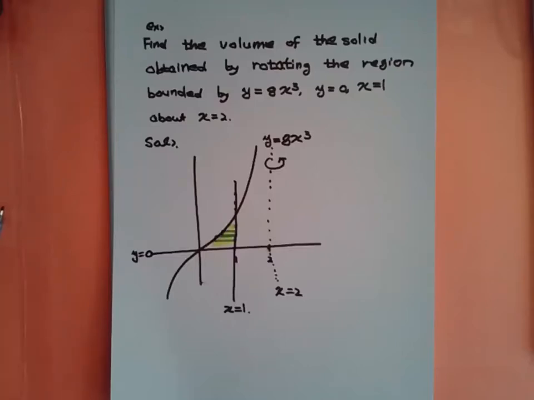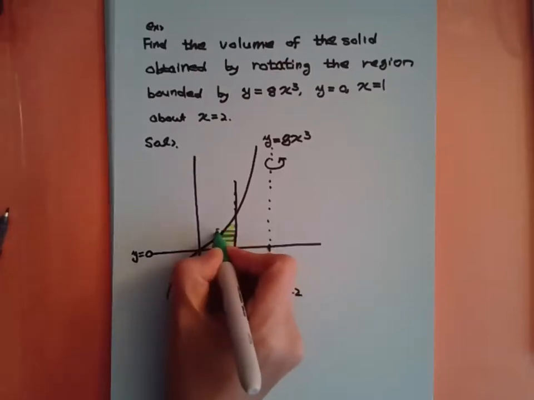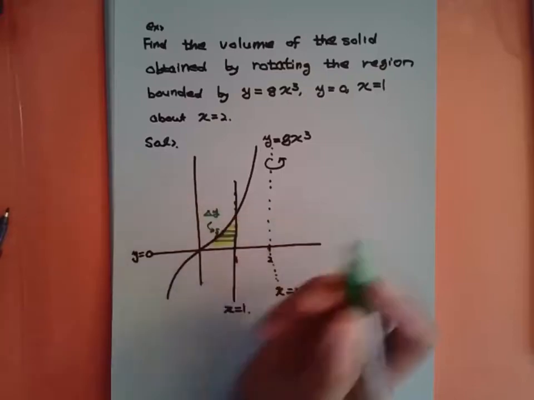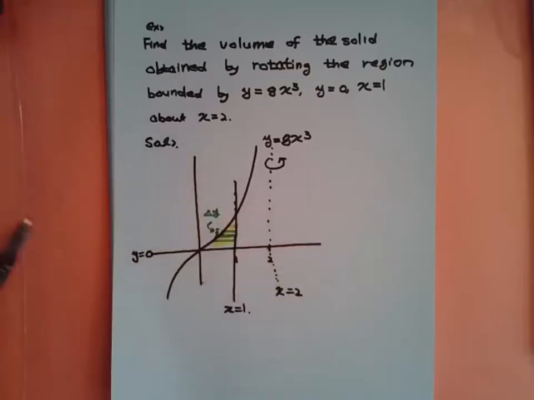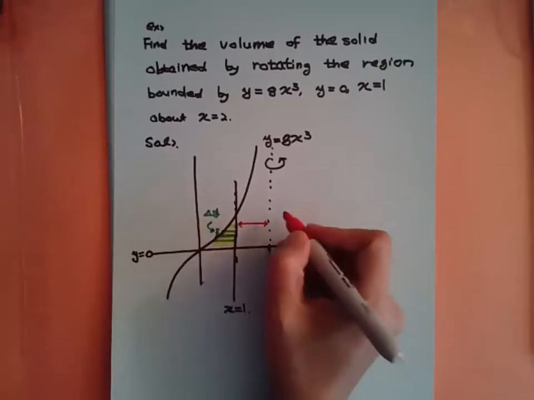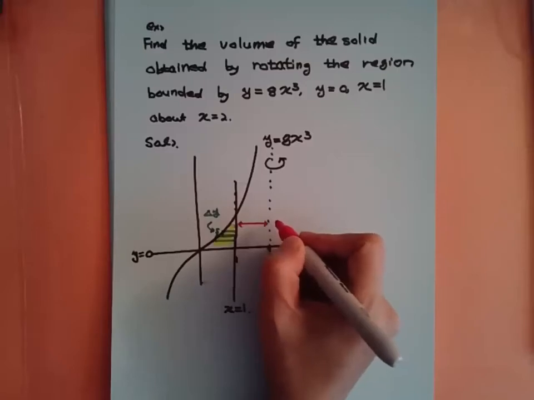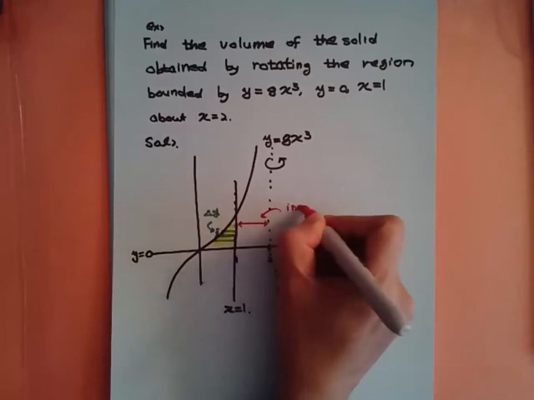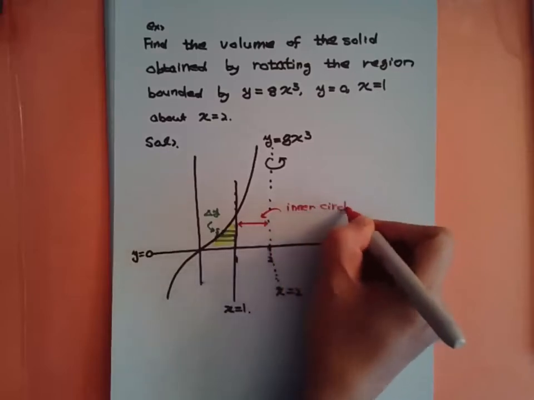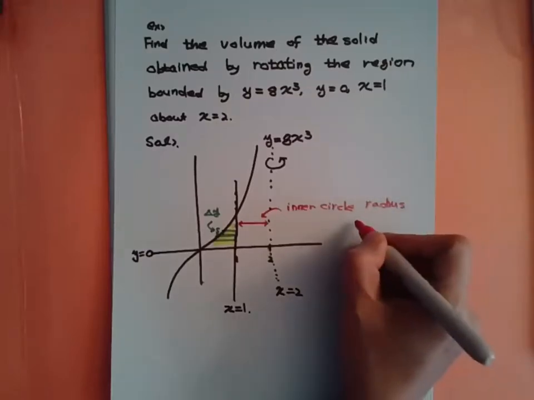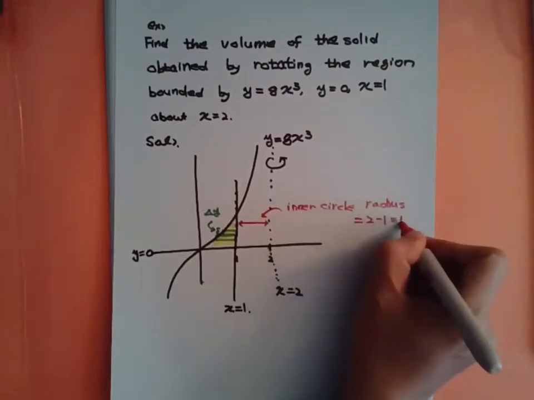So we can say that this small part can be related to delta y, and the inner circle's radius is 2 minus 1, which is 1.